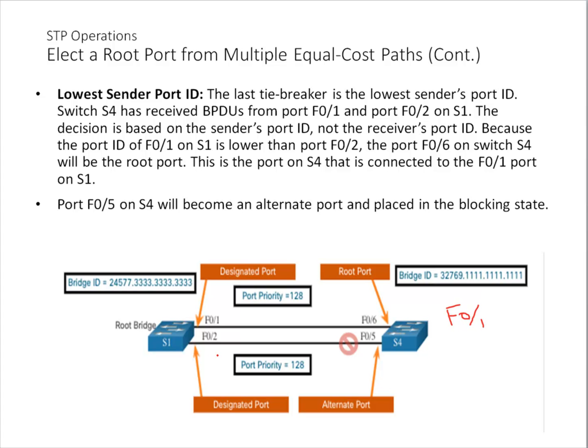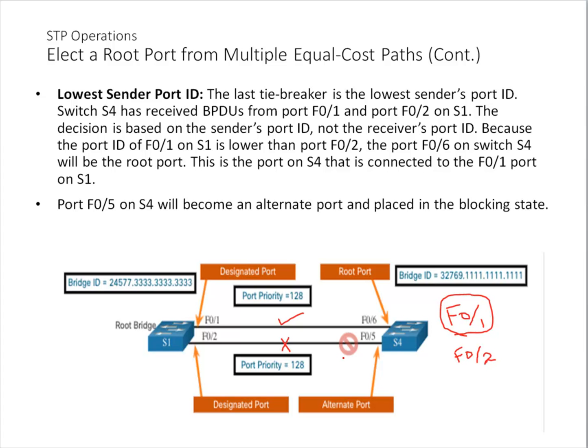Then here I am going to receive a BPDU, and the port ID is going to be 0/2. Whichever is less, I am going to choose. So here F0/1 is less, so automatically path 1 will be selected, and the other path we are going to close.